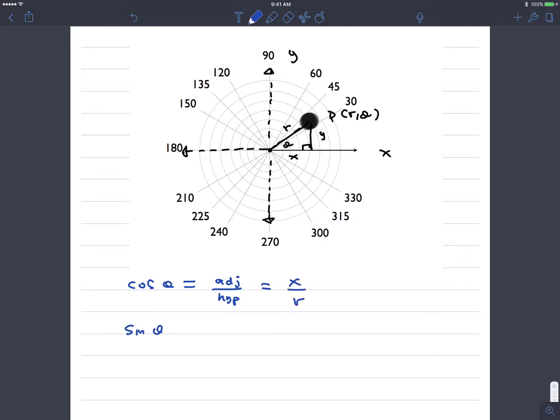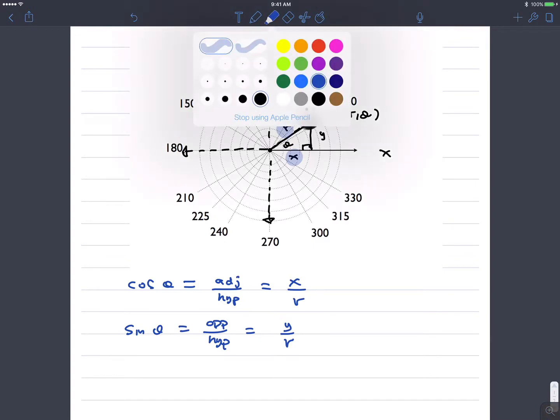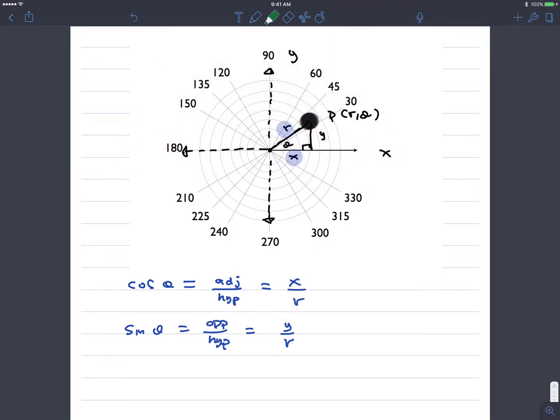And what is sine theta? Opposite over hypotenuse. And what does that mean? It's y over r. So for cosine, what we did was we took x over r by definition in this right triangle. And for sine theta, we took y over r, which is what it is by definition. That's the definition of our ratios.